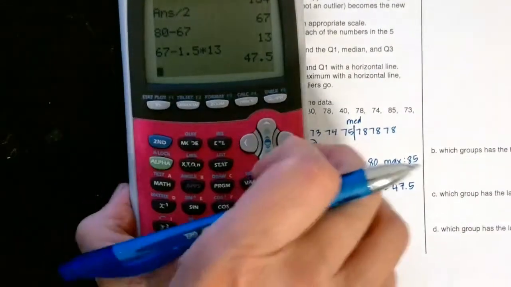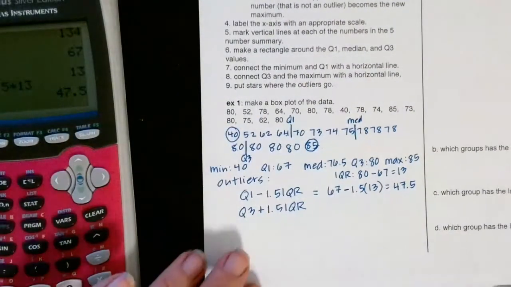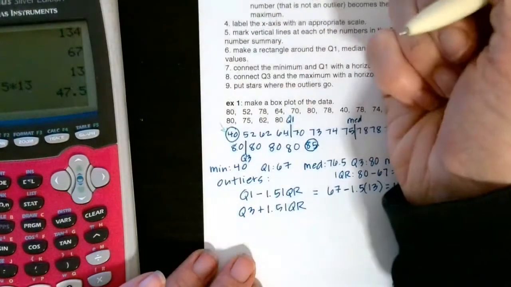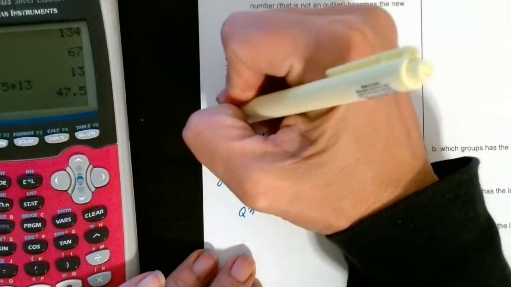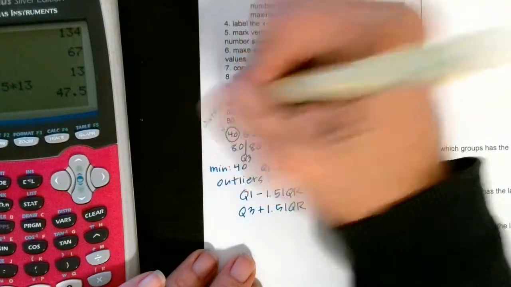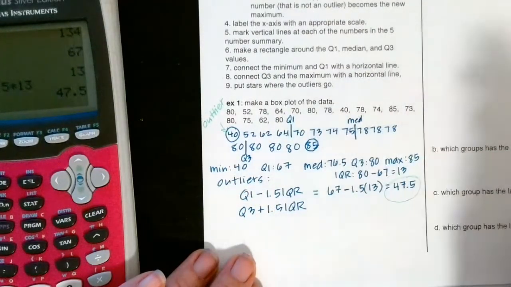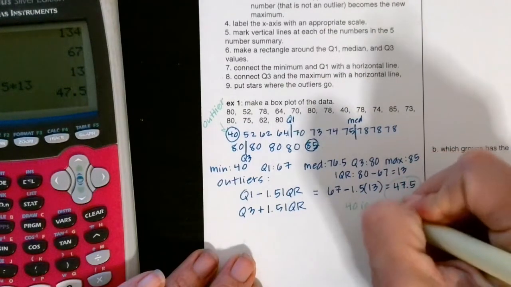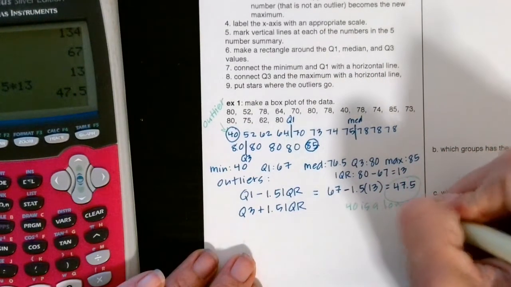So what that tells me is that this number right here, this 40, is an outlier. The reason it's an outlier is because it's less than this number right here. 40 is a lower outlier.